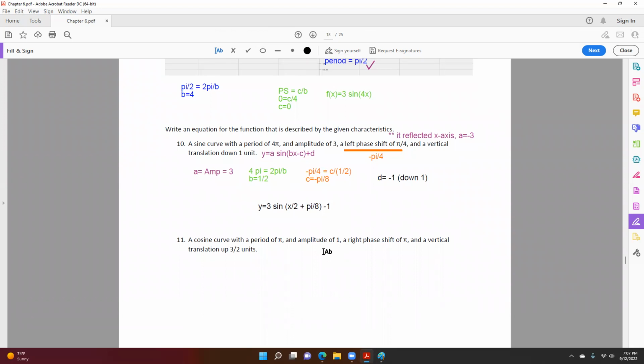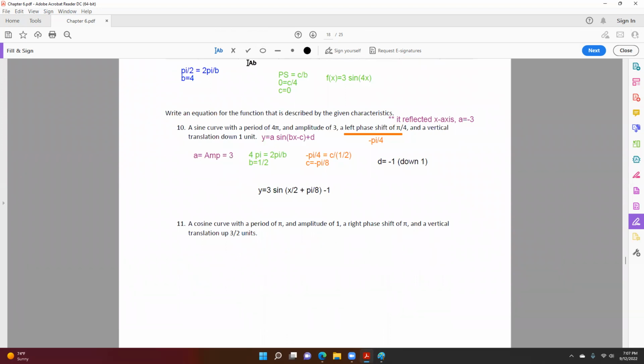I want you guys to try question 11 on your own now. Again, start with your amplitude, your period, phase shift, and D. It's a cosine graph.